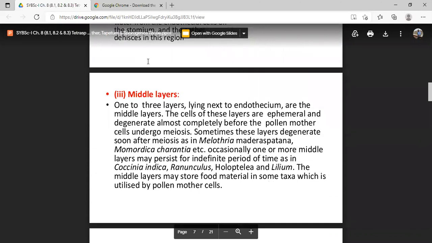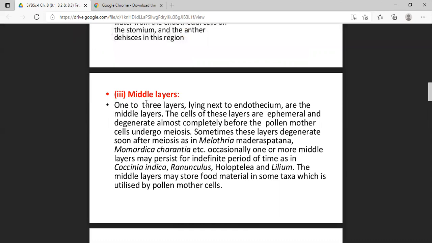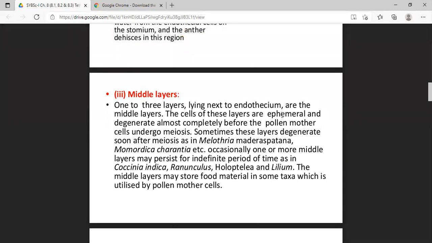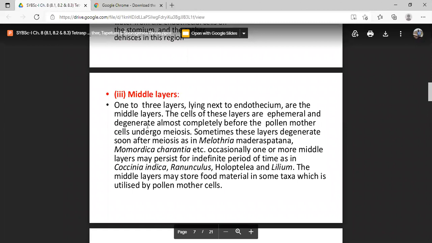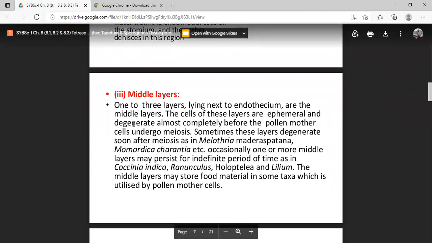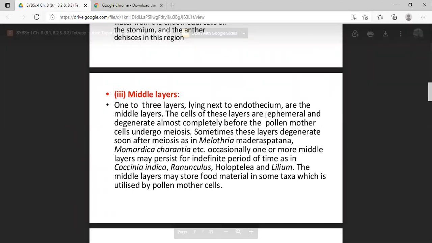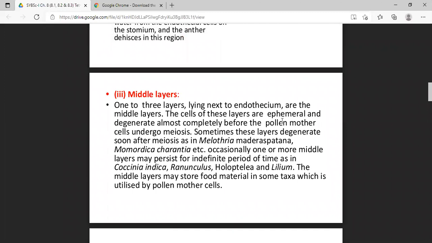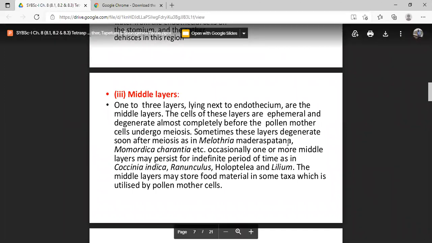Beneath the endothecium, the next layer present is called the middle layer. It is also one, two, or three layers lying next to the endothecium. These layers are ephemeral or almost completely degenerated before the pollen cells undergo meiosis. PMC is the short form of pollen mother cell, or we call it the MMC, microspore mother cell.